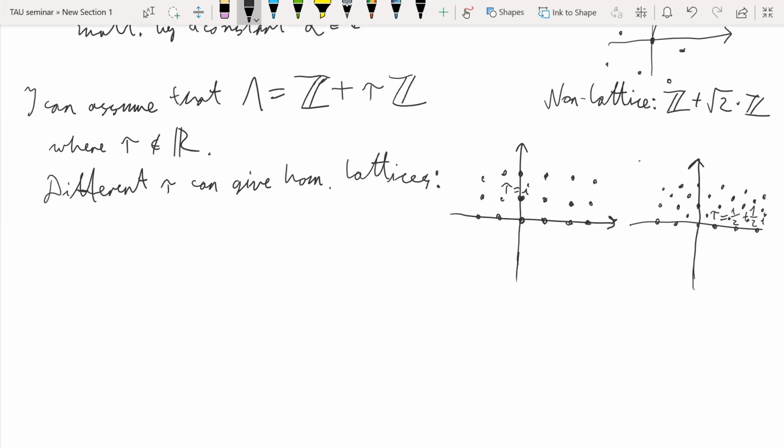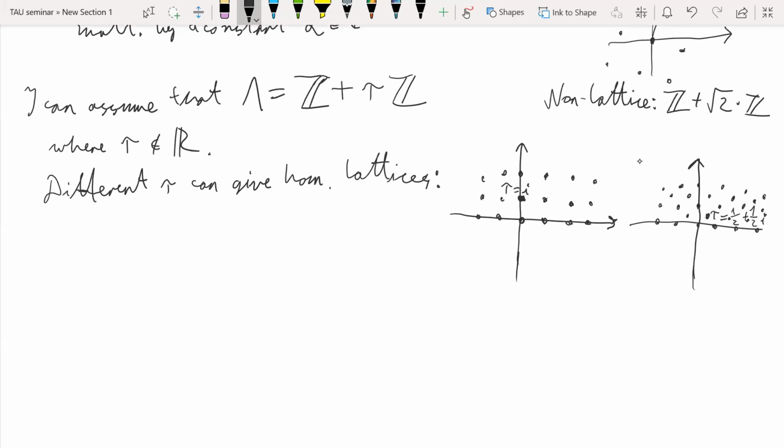Okay, so we see here that those two values of tau are going to give us different but homothetic lattices. And if this is the case, then the question remains of when two different values of tau are going to give us a homothetic lattice.